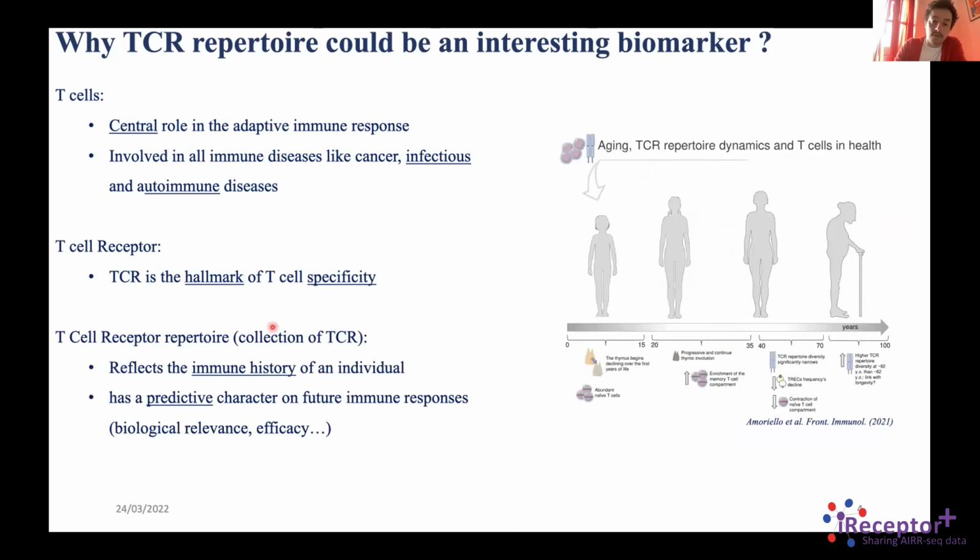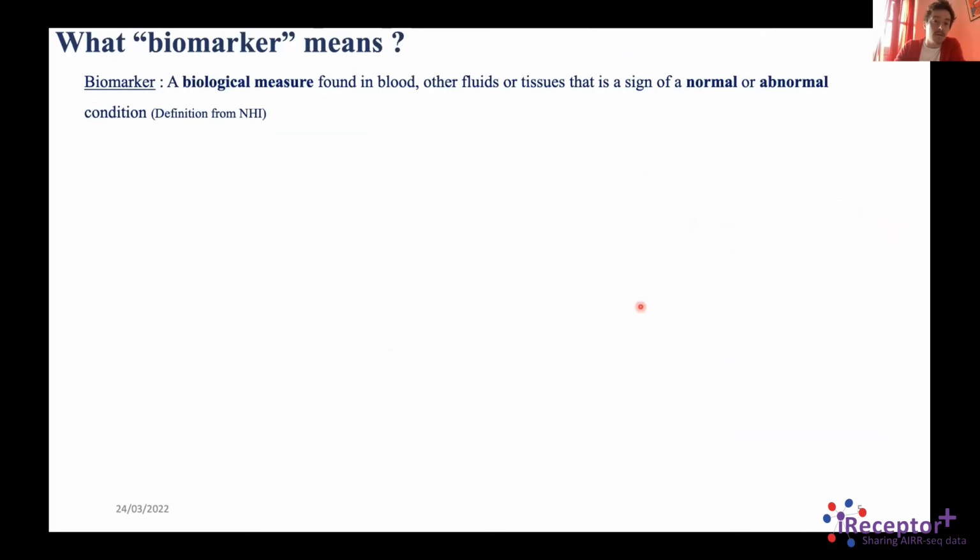And the collection of all of these TCRs expressed on the T cell surface represents the repertoire that reflects the immune history of an individual and has a predictive character on a future immune response. So that's why TCR repertoire could be an interesting biomarker.